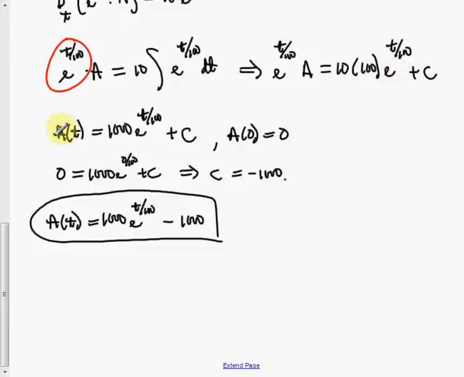And then right here, I left off that e to the t over 100. It should have been here. So put it here, e to the t all over 100. And then from there, I'm going to divide it through, looking at this equation here.